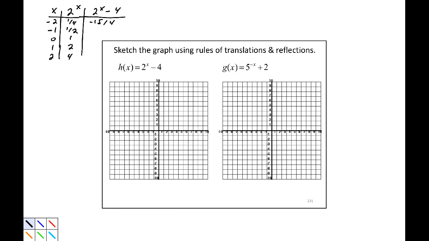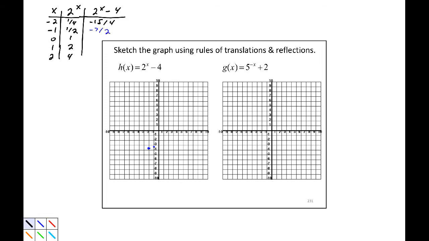So that's a point we can plot: (-2, -3.75). For the second point, we would take 1/2 and subtract 4, which is -3.5. So (-1, -3.5), not much bigger. That's -7 over 2 as a fraction.